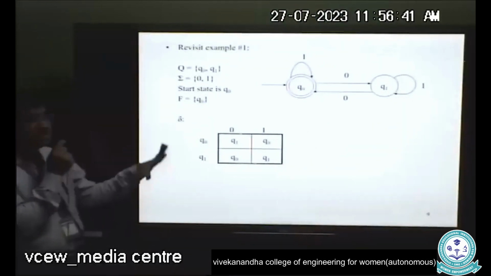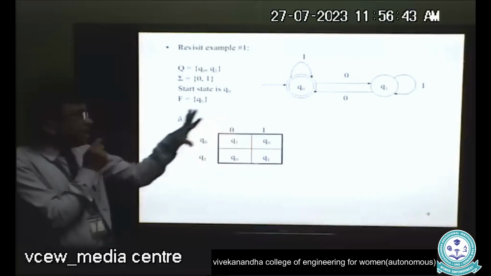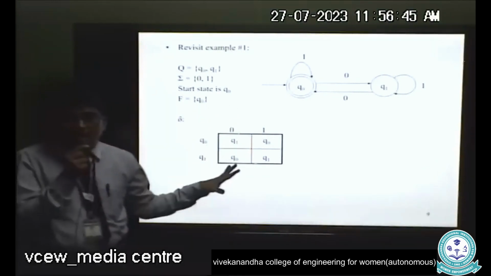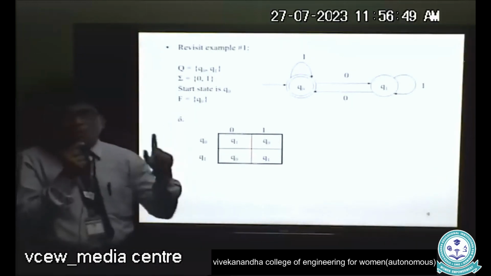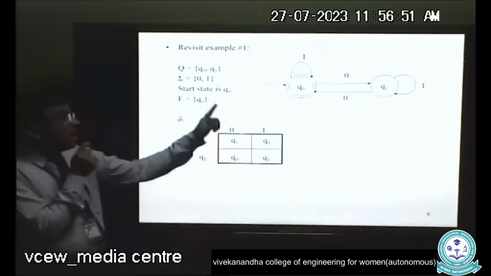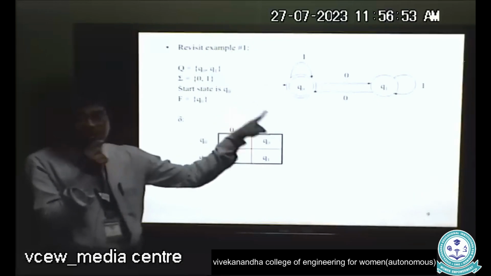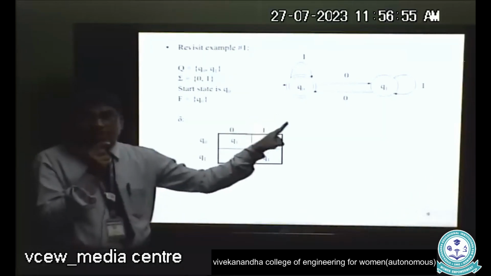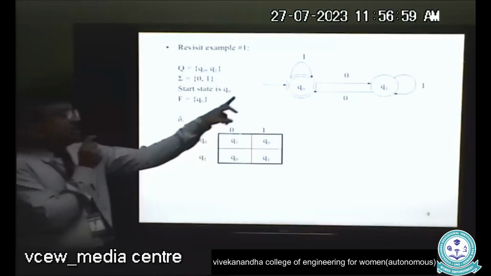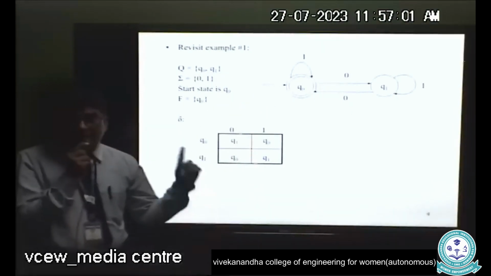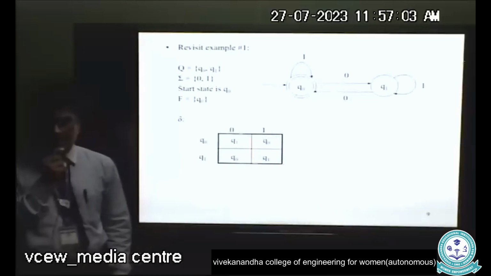Okay. So this is the simple transition diagram and simple transition table of a deterministic finite automaton. And you also have one more clue here: how to check that this diagram is a DFA transition diagram. Yes, there is one condition in all DFA transition diagrams.